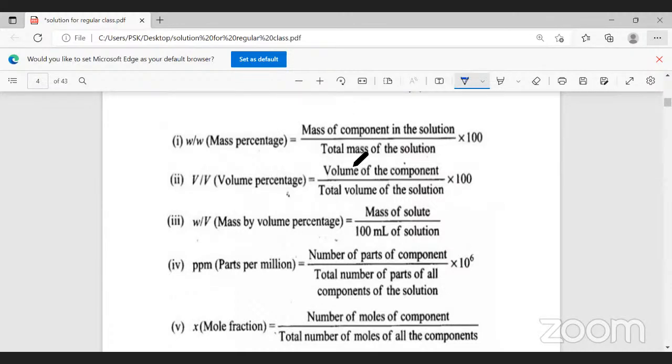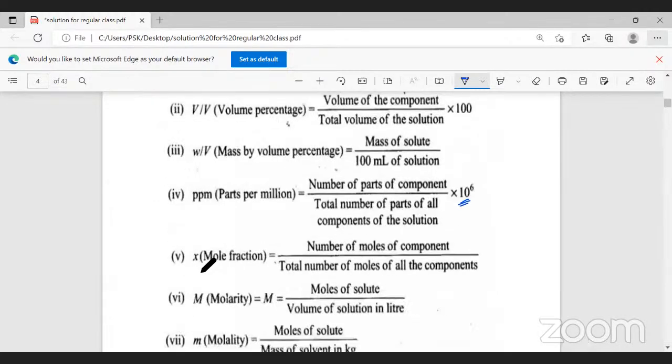I wrote and explained volume percentage, weight by volume percentage, and parts per million: number of parts of a component divided by total number of parts, times 10 power 6. 10 power 6 is 1 million. If you multiply by 10 power 9, it becomes parts per billion. Mole fraction, I told you, is represented by the letter X: number of moles of a component divided by total number of moles. XA will be NA divided by NA plus NB.